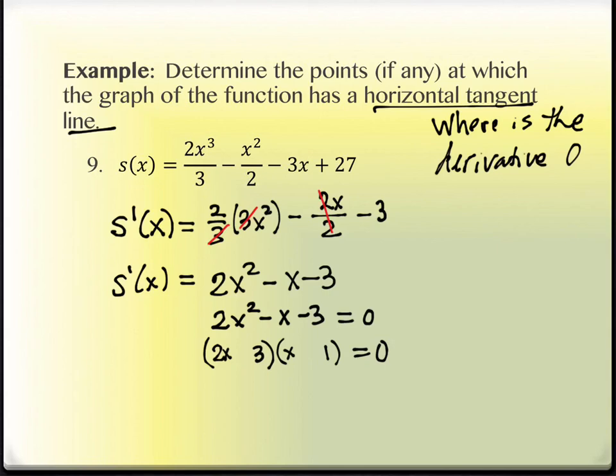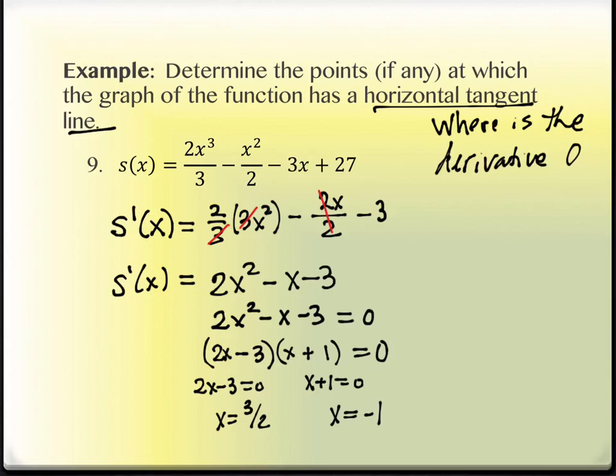If it's actually not even the right value, then I need to switch some numbers around as well. So this should have been a negative and this one should have been positive. We set each one of these equal to 0, and we get x equals 3 halves and x equals negative 1. Is that good so far?